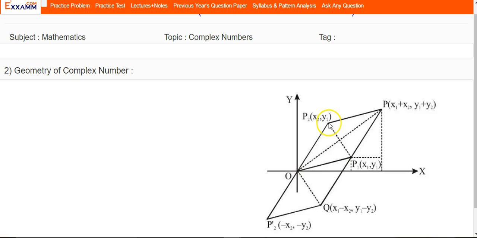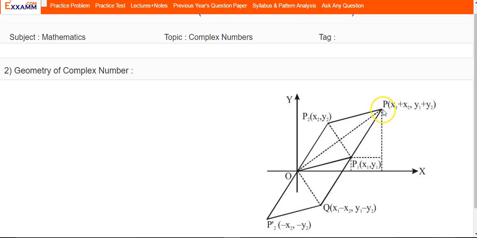OP1, P2. Now let us consider the vector OP. As in geometry and in vector algebra, this is the sum of OP1 and P1P. It is OP.